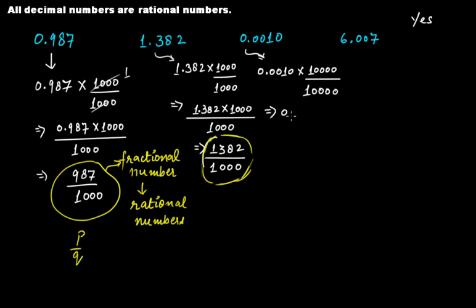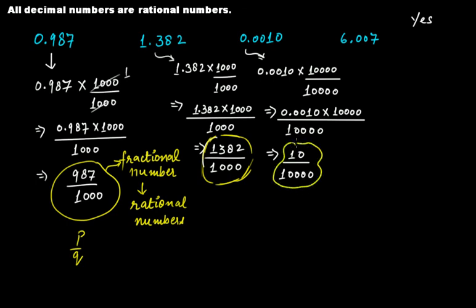So this becomes 0.0010 times 10000, and this gives you 10 over 10000. Now, yes, this is a rational number because 10 is a positive integer. P can be positive, q is not equal to 0 and q is a positive integer, so it satisfies this condition also, right? So yes, it is a rational number.